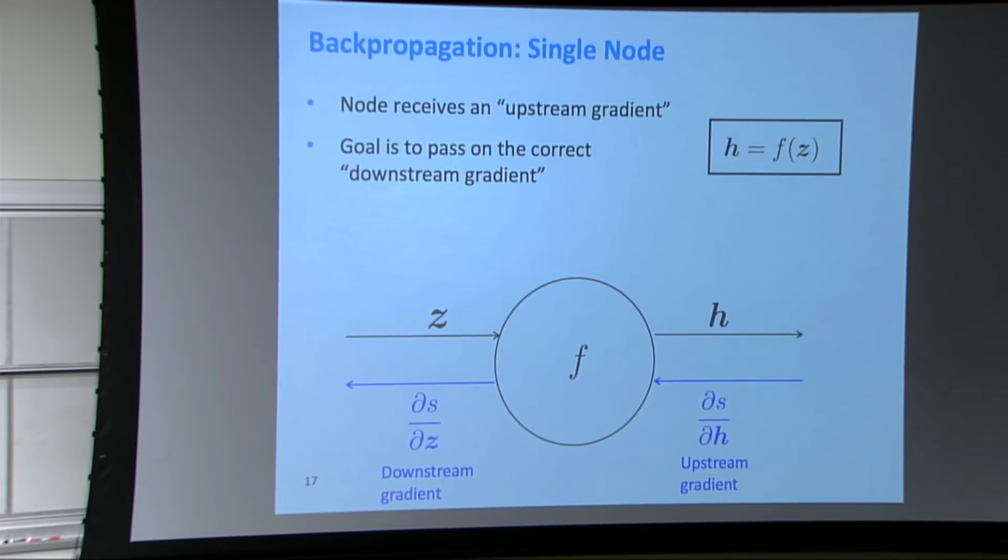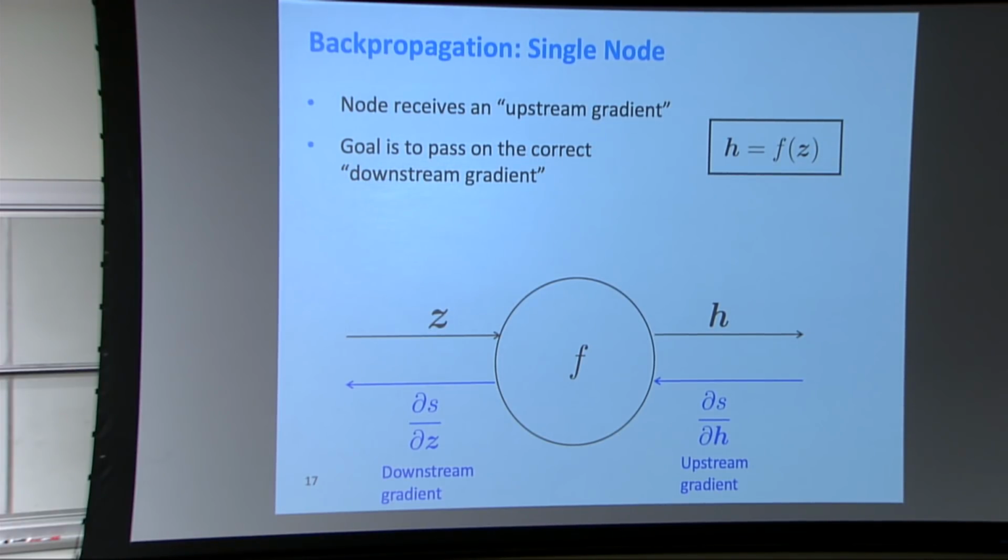So what we're doing here is when we're working out things for one node, that node is going to have passed into it its upstream gradient, which is its error signal. So that's the partial of our final result, which was our loss, by the variable that was the output of this computation node.